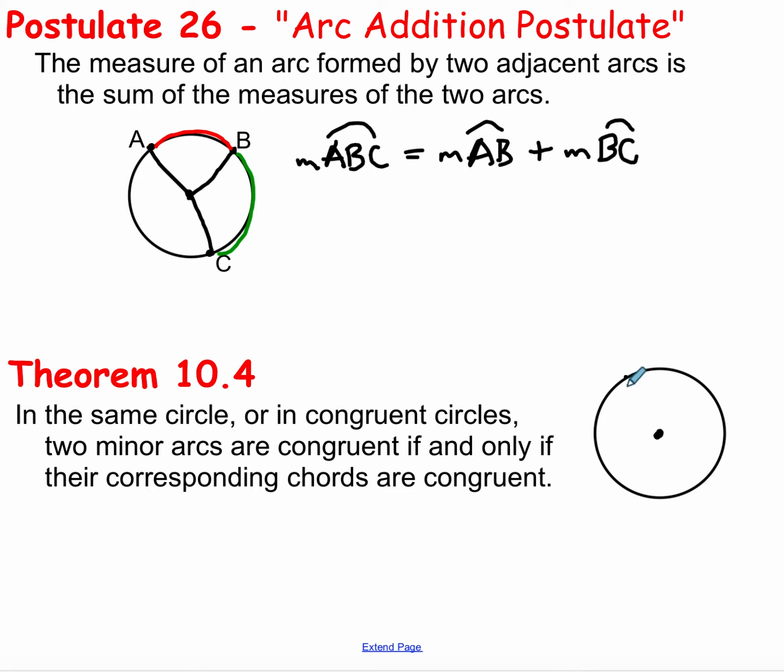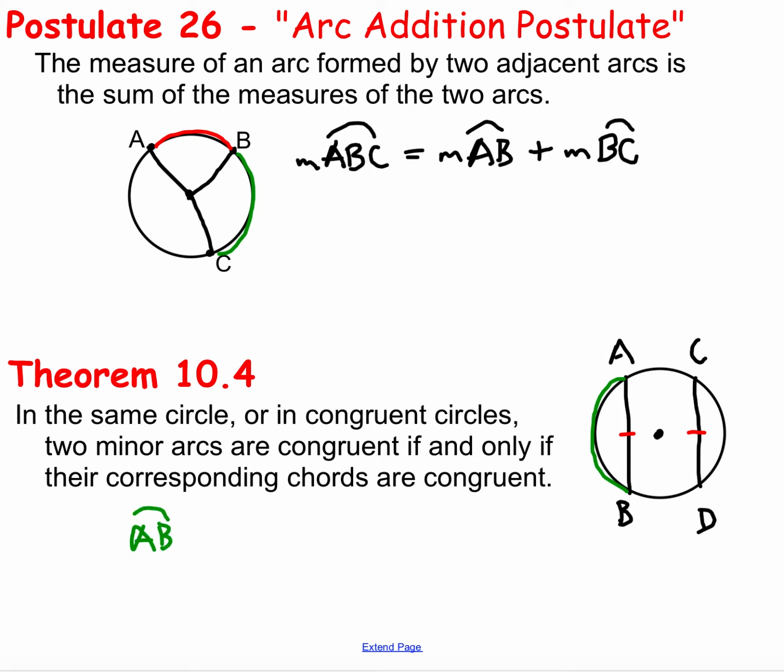Let's say I have one chord right here that is chord AB, and I have another one here called chord CD. Okay, so I have two chords. And let's say these chords are congruent. So I have these congruency symbols right here. Well, because these chords are congruent, you can see that an arc is created by these chords. Here's one arc. We would call that arc AB.